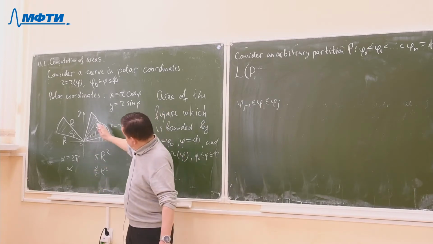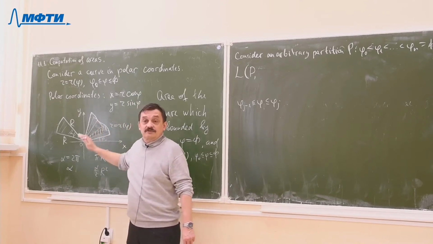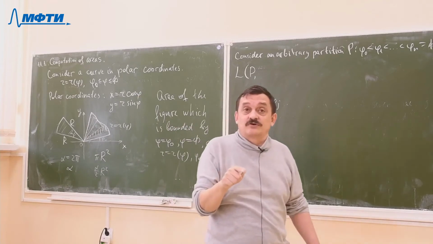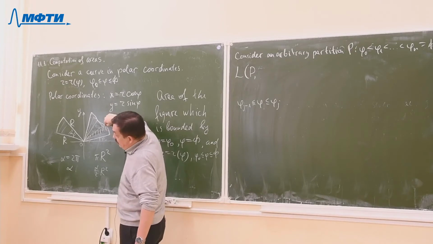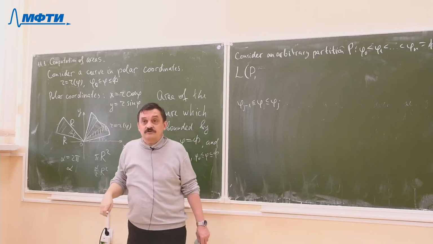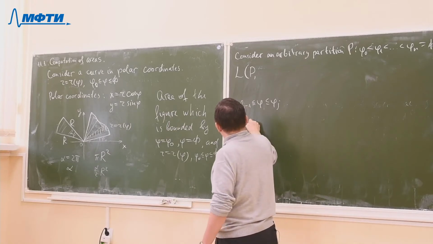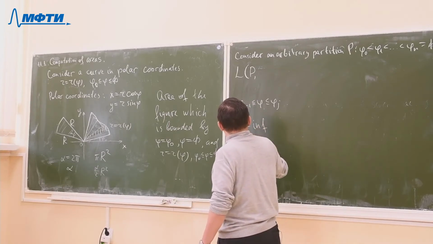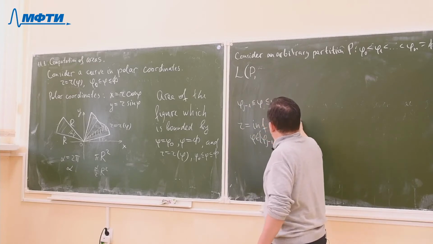And here we have an arc of a circle. Which circle? What is the radius of this circle? The radius r is equal to the infimum over all phi in our interval of r of phi.